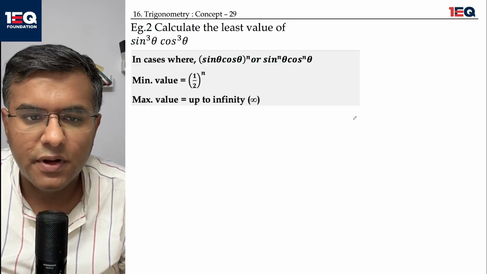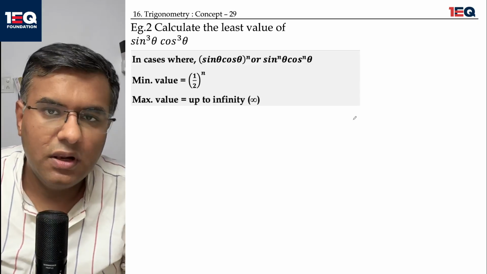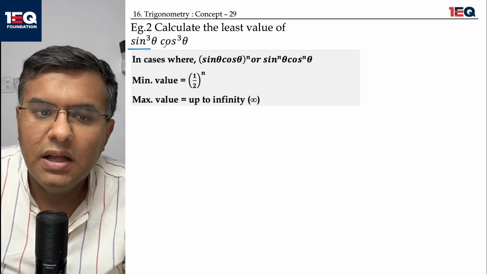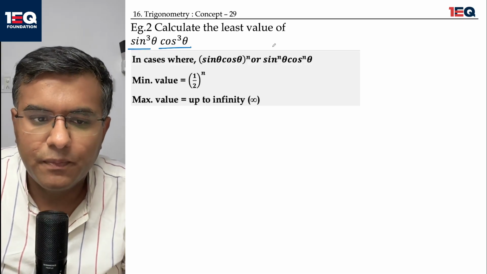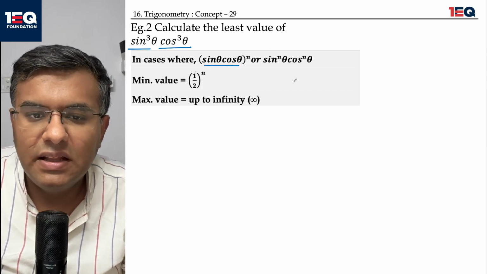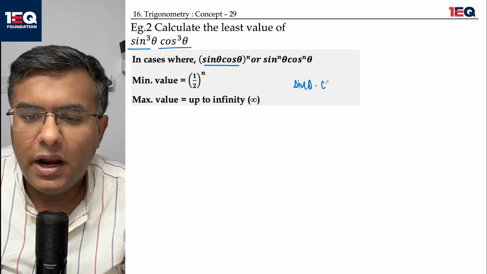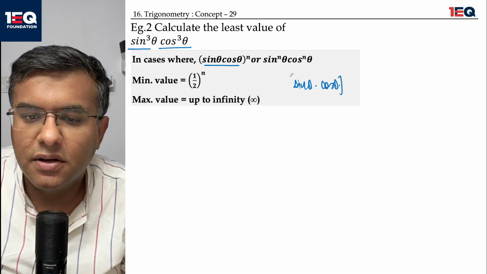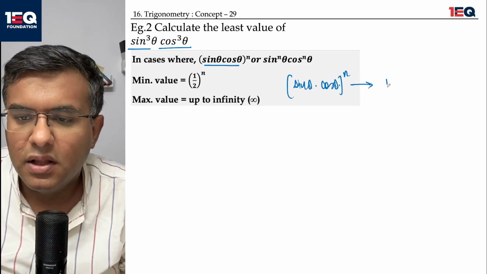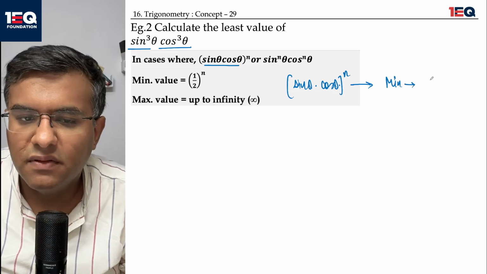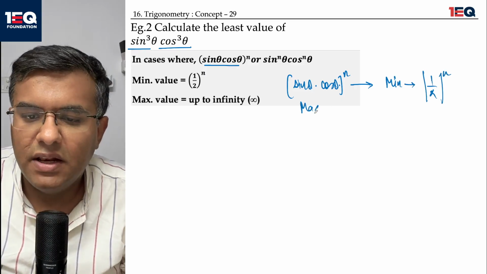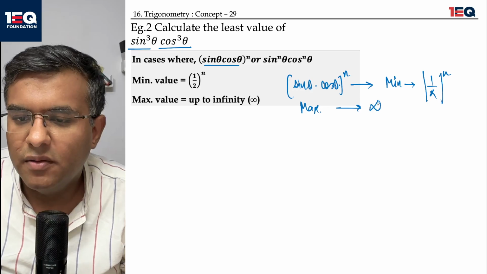Let's move forward. So if at all a question comes up where we have to find out the value of sine cube theta and cos cube theta, the least value of them. So the least value would be, if you consider sine theta and cos theta multiplied with each other, and they have a common power of n, then the minimum value they can achieve is half raised to the power n, and the maximum value they can achieve is going to be infinity.